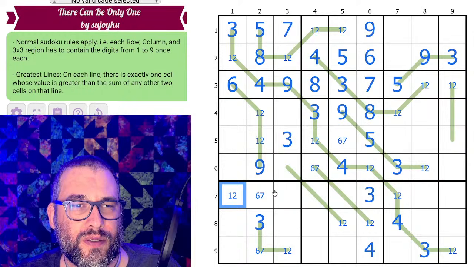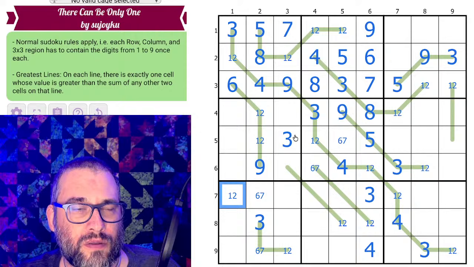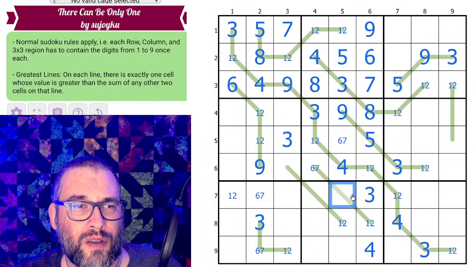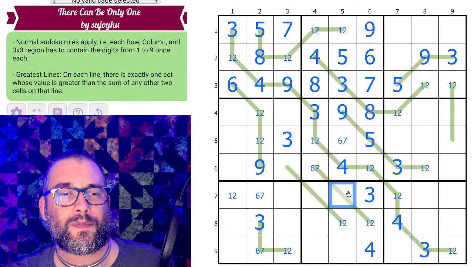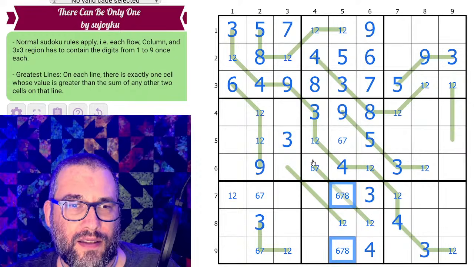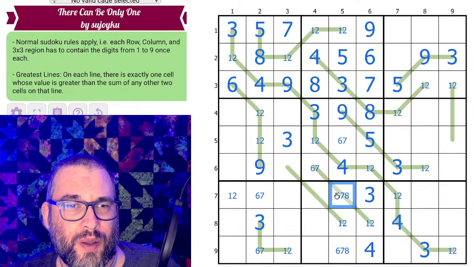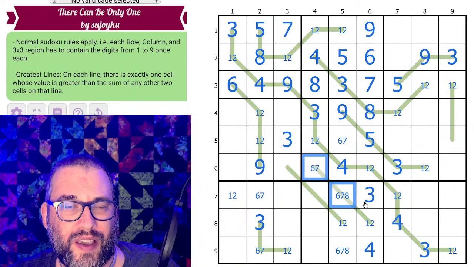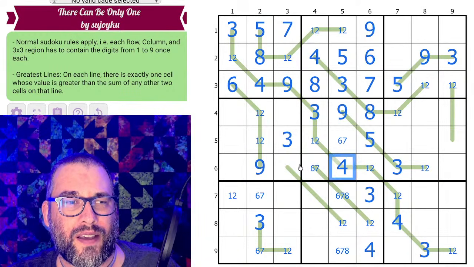This is our last 1, 2 by Sudoku. Oh yeah, what's this digit? We've got 6, 7, 8 left in the column, but you can't have consecutive digits. So this has to be 6 and 8 with a 1, and that's going to resolve everything.